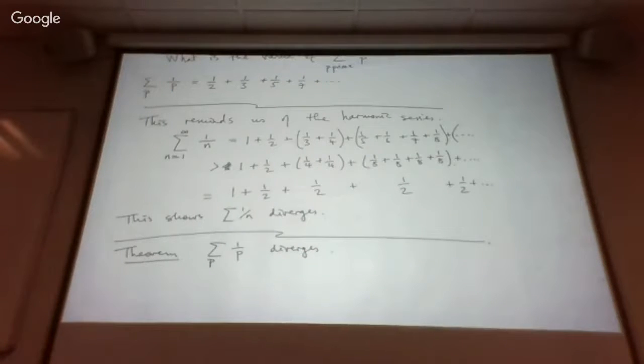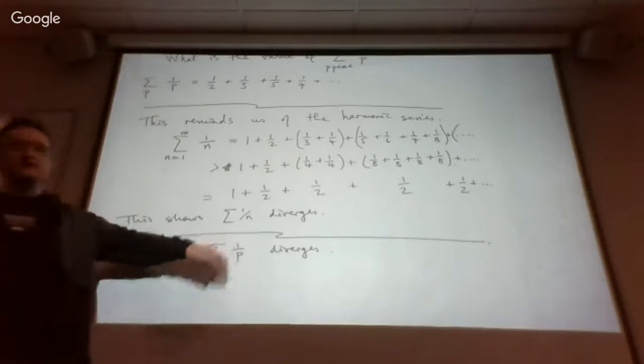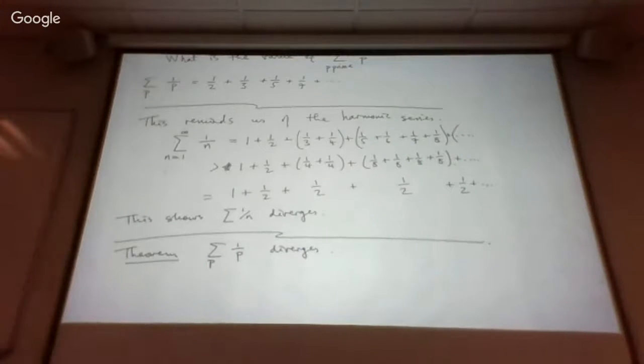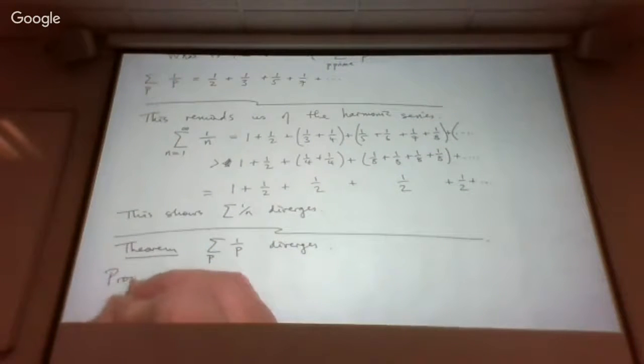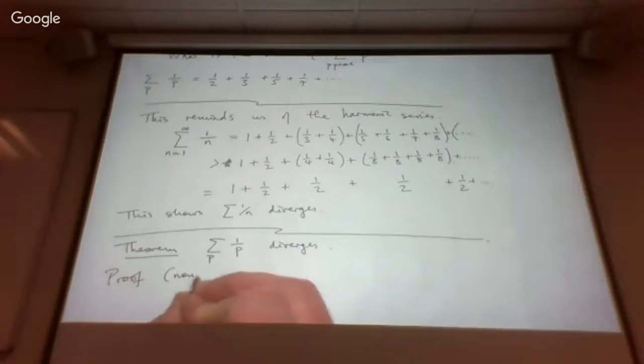And we're going to prove that it's divergent by comparing the behavior of this to the behavior of the harmonic series. We begin with, so this is going to be a proof, but a non-rigorous proof.